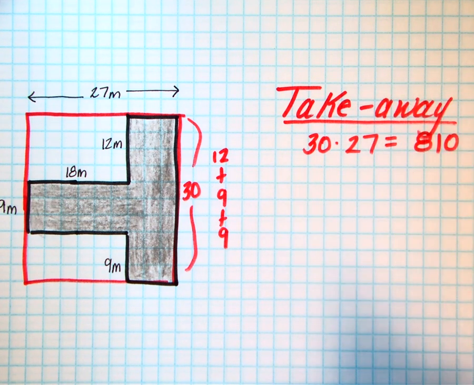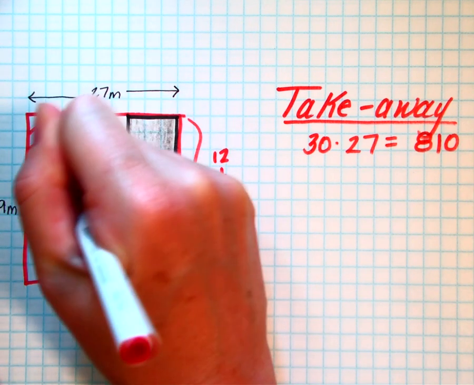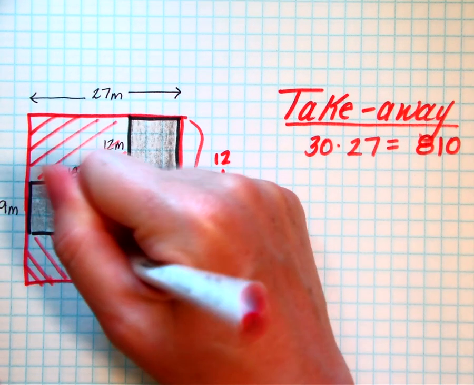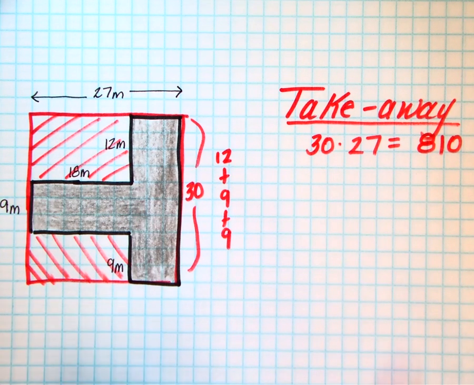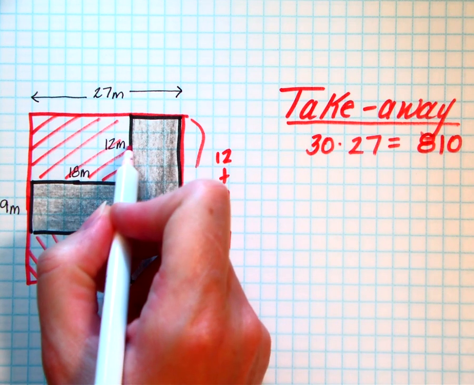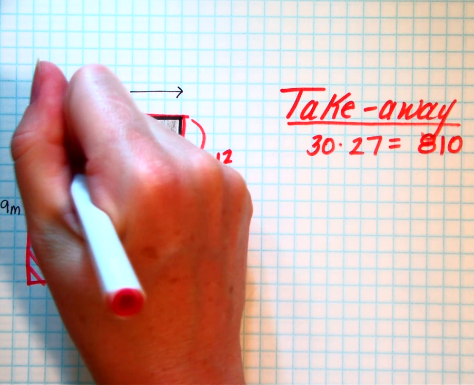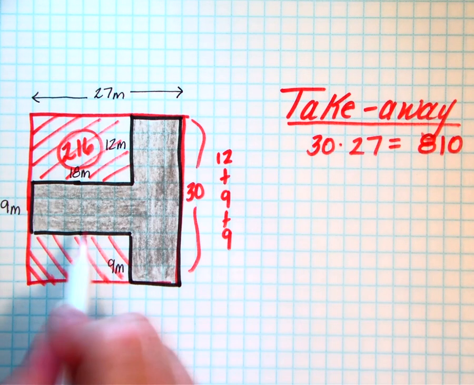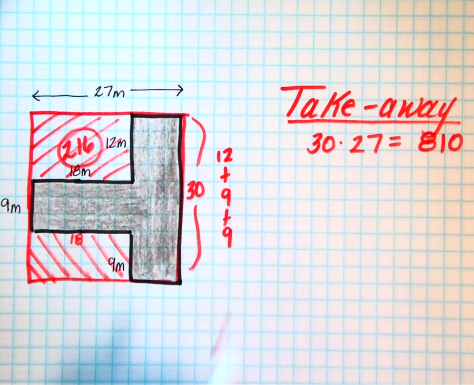But that includes pieces I don't need, which is this guy and this guy. So these are two rectangles I have to take away. This one in here is 12 by 18. And this guy is, this side's 18. The reason I know it's 18 is because this side's 18 and it looks like a rectangle.